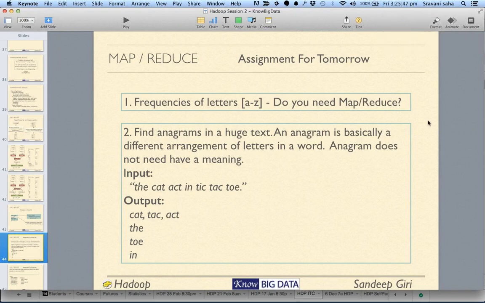I'm leaving today in the first half itself, after describing these four problems. What I want is for all of you to finish this assignment before we go forward. Otherwise it will not be fair.